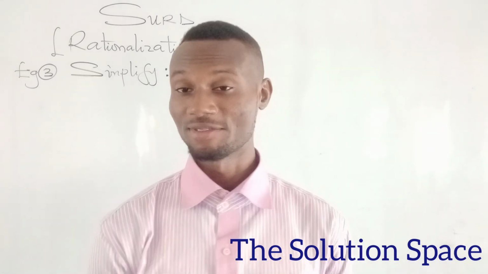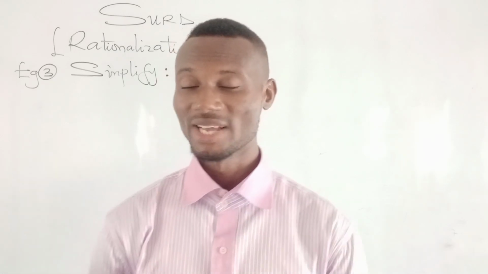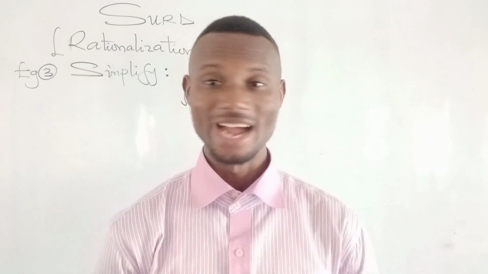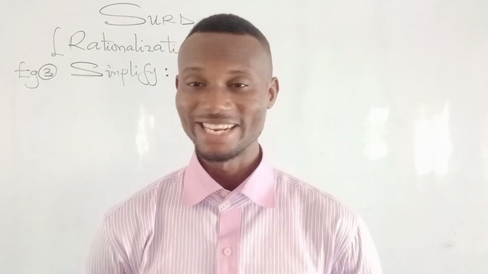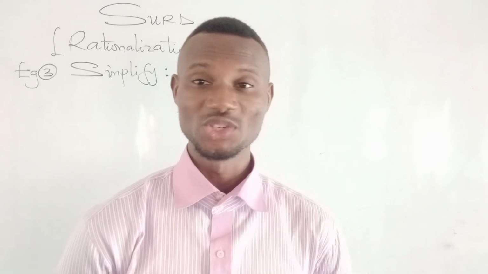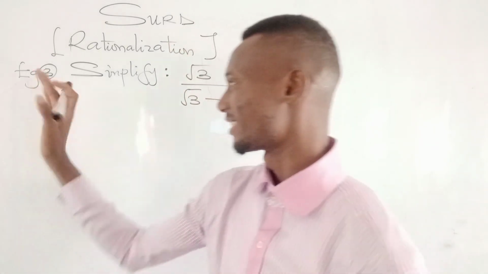We solved some examples on it as well, and I hope you understood it and enjoyed the lesson. This is a continuation to solve another example with you so that you get a better understanding of it. So this is example 3.